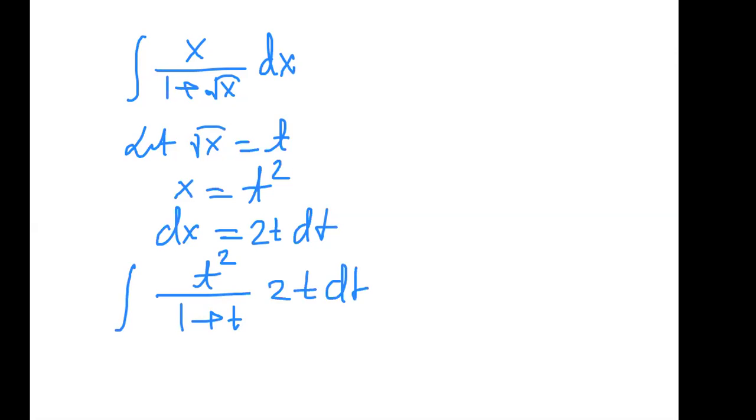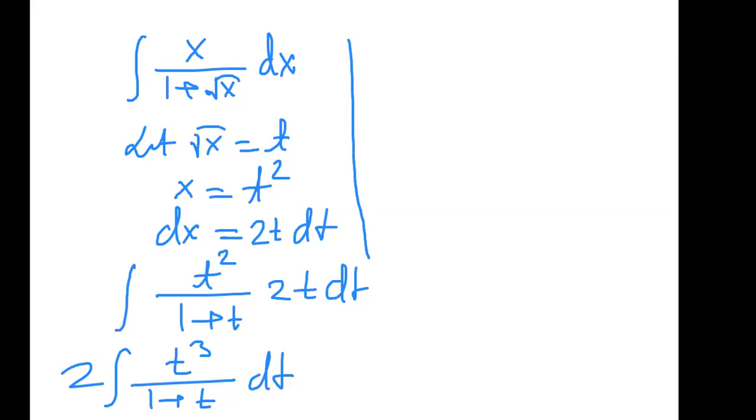Now we need to see this question has reached a condition, that is integral t cube, 2 I'm writing outside, upon 1 plus t dt. Now see, this is a question which may create some confusion in our mind. We are finding the degree of numerator is greater than the degree of denominator.